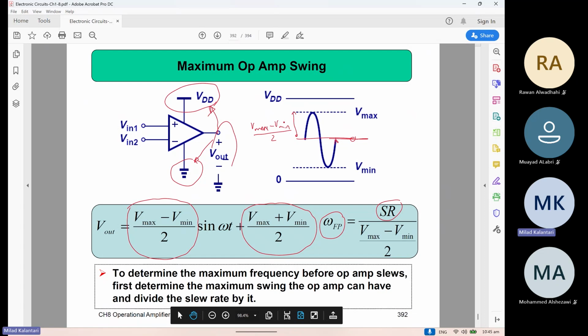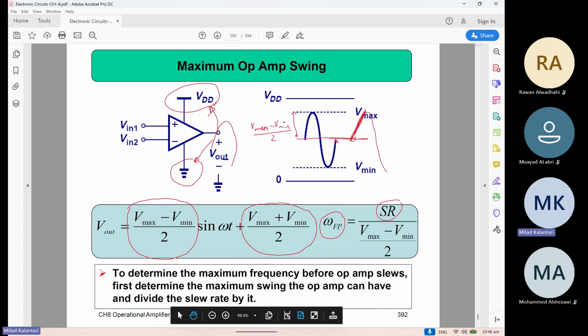The way it is computing this is not that difficult. It tries to see the fastest way that the voltage can go from, let's say, 0 to Vmax, so the op amp should vary this much, right?